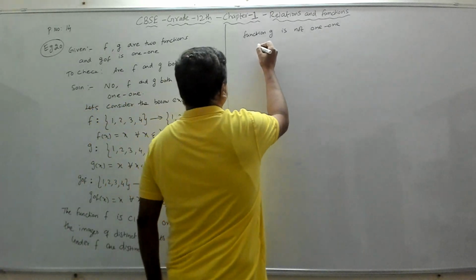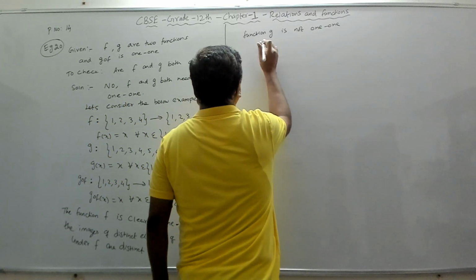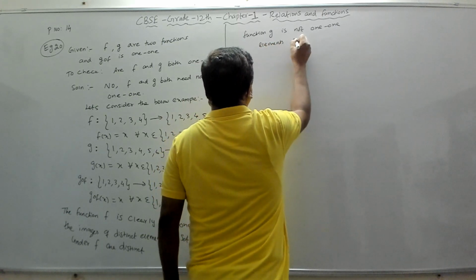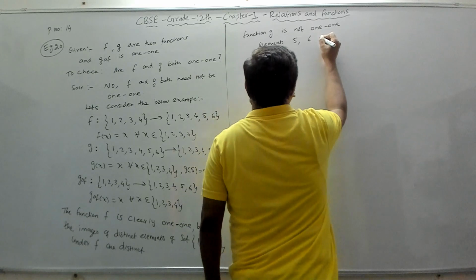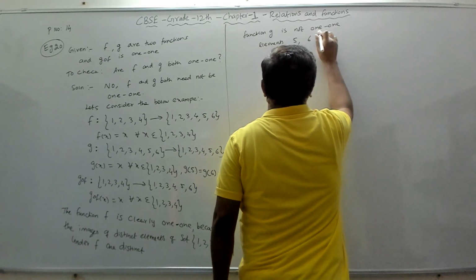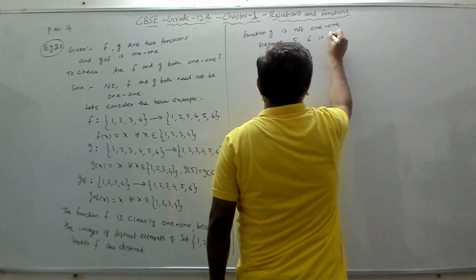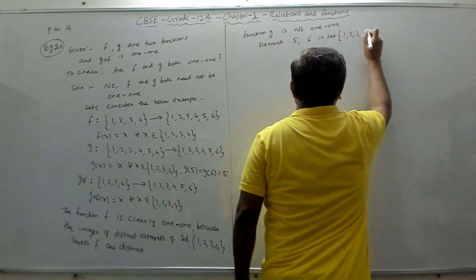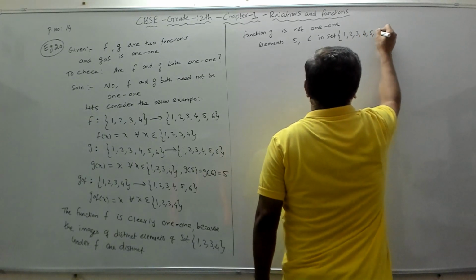Because the elements 5, 6 in the set, and in this set we have 1, 2, 3, 4, and 5 and 6.